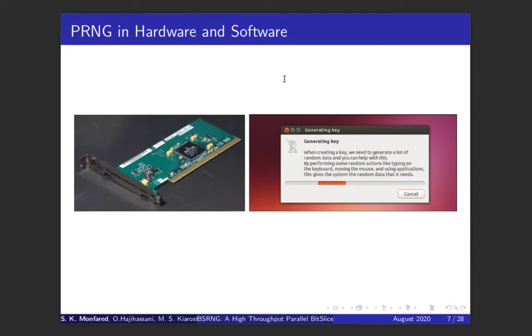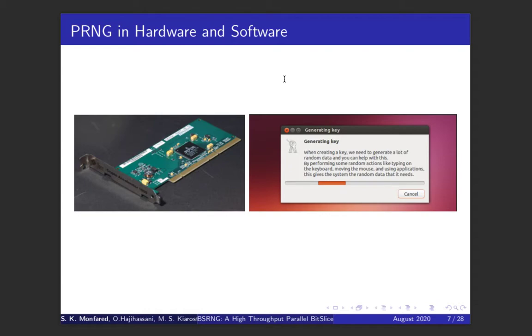The implementation of PRNGs in hardware and software is used for different applications. In the picture on the left, you can see a crypto accelerator, I think an SSL accelerator, where the PRNG module is one of the main modules in the chipset itself.